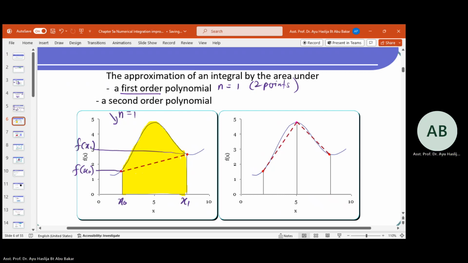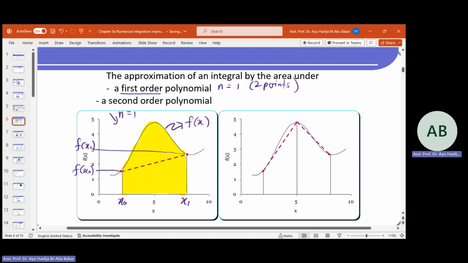Okay, so here, see the function, the curve here is the function f(x). Maybe this is a quadratic function or cubic function. Now it asks you to find the area under the curve by using first order. First order, 2 points.